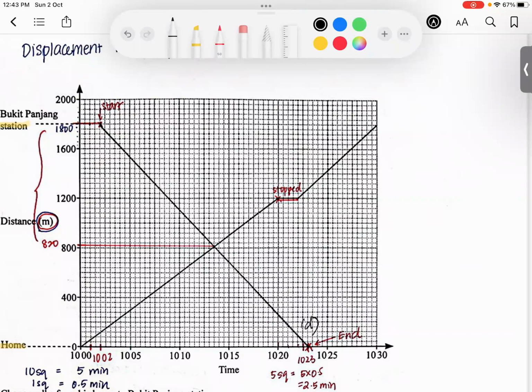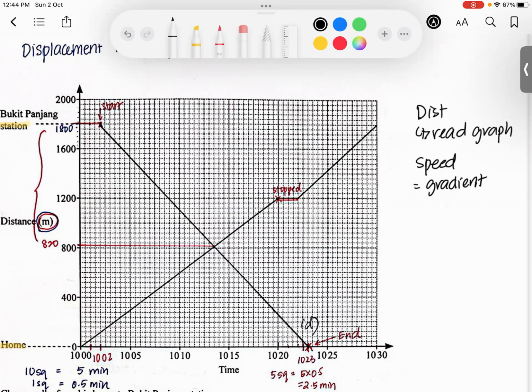Secondly, we can read the distances from the axis directly. So for distance, I can read the graph directly, but of course, must process from which point. Then for speed, you find the gradient. Normally speed will always be positive, cannot have negative. That's for a normal distance time graph.